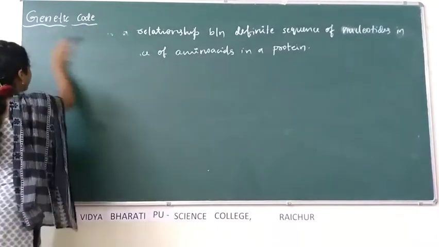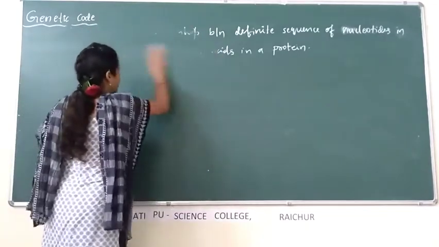There are 64 codons or 64 genetic codes.